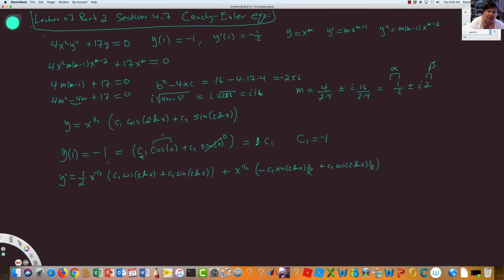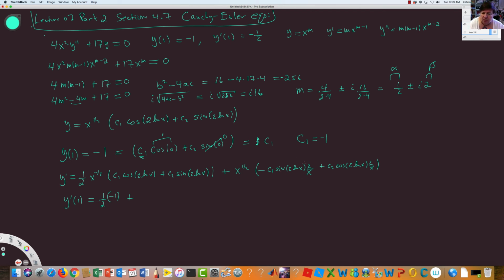Now let's find y prime at 1. Since x is 1, x to the minus 1/2 is just 1, so I get 1/2. Over here this is 0 because ln of 1 is 0 and sine of 0 is 0. Here this is minus 1 times C1, and cosine of 0 is 1, so I get a minus 1. The next term, x to the 1/2 when x is 1, is just 1.